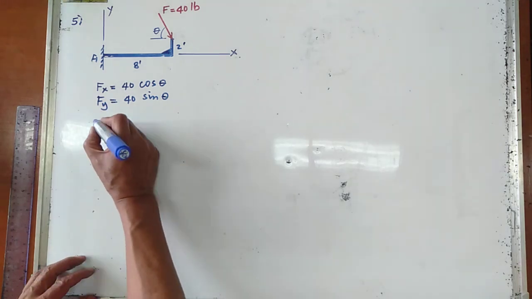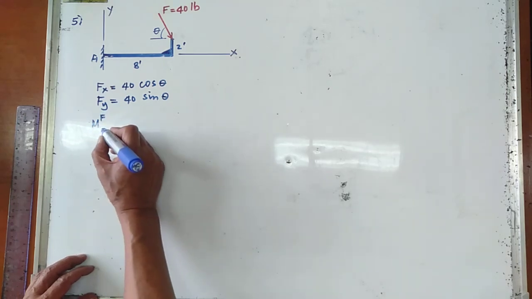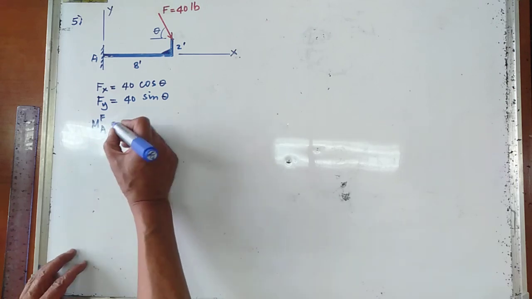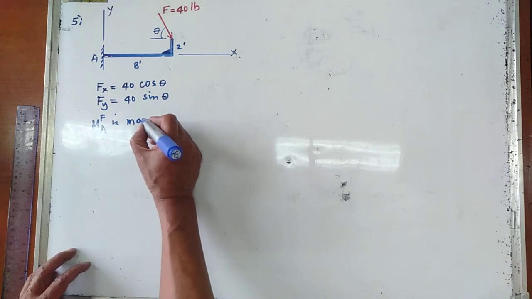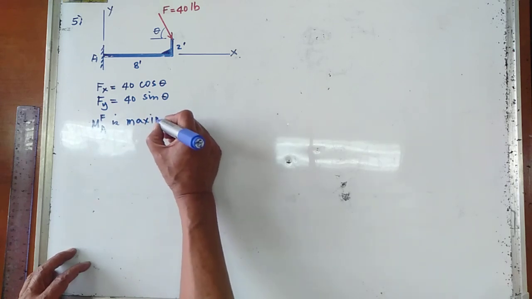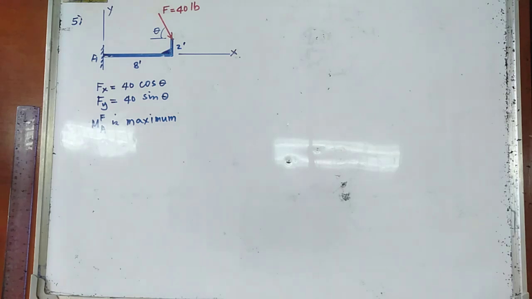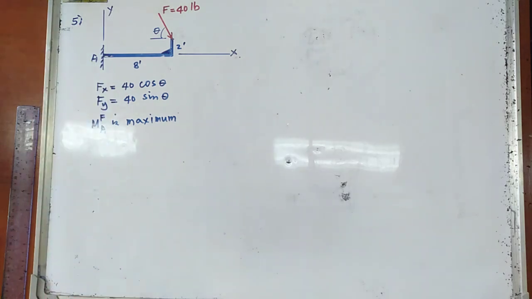Now, the moment of the force F about point A is maximum. So how are we going to determine angle theta and the maximum moment of the 40-pound force?